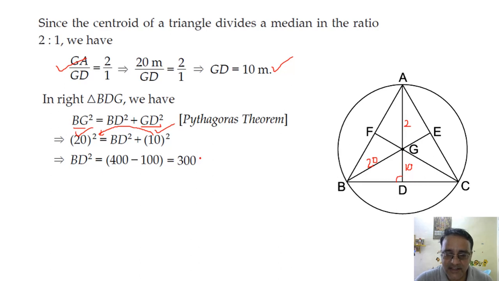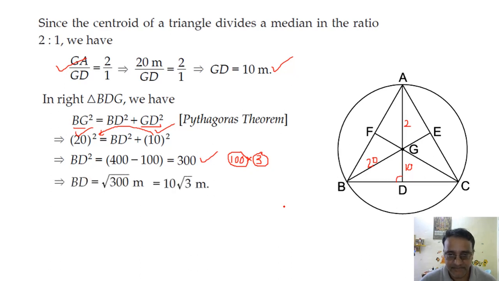So what will you get as the square root of 300? We can write 300 as 100 into 3, right? So the square root of 100 is 10, and 3 has no perfect square root, it is not an integer or natural number, so we can write root 3 only. So the square root of 300 is 10 root 3.